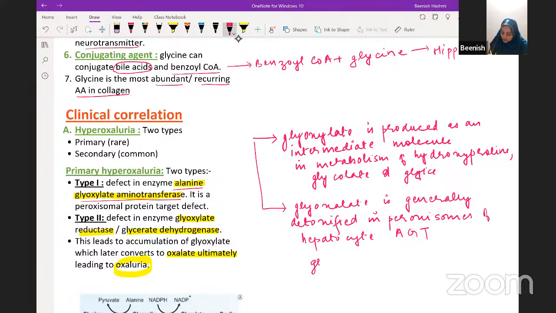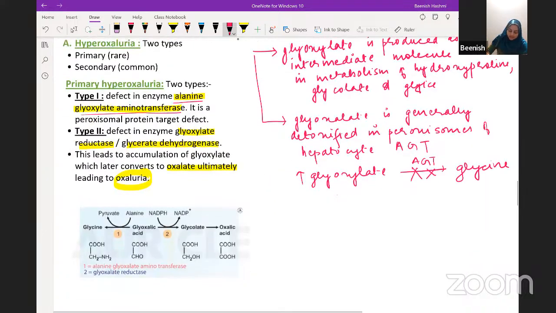Okay, so your glyoxylate is acted upon by this AGT enzyme to form glycine, but this is defective here. So what will happen? The glyoxylate will increase.